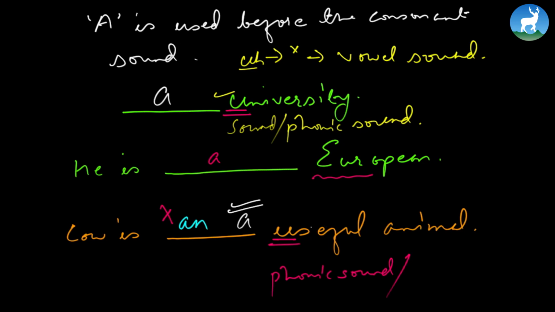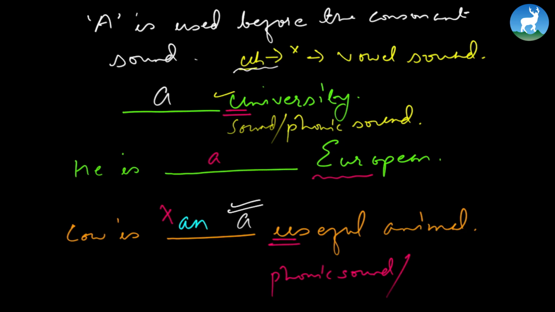Why? Because the very beginning of the pronunciation, useful, "you", is as if Y and U coming together. Useful, not a vowel sound like the phonic U. So we focus more on the vowel sound. Cow is a useful animal.